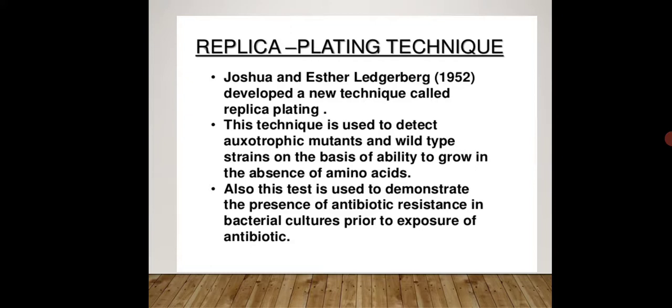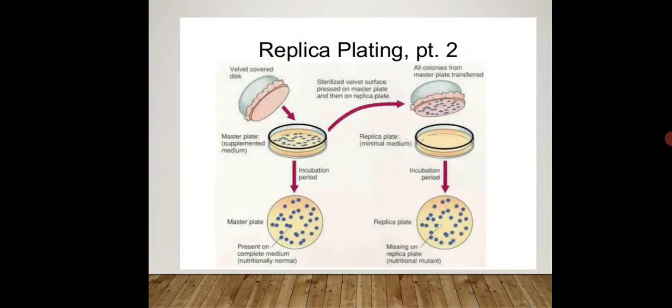The meaning of replica is duplicate. Okay, so we just mimic the colony, we just duplicate or replicate the colony, and this test is used to determine the presence of antibiotic resistance in bacterial culture prior to exposure to antibiotics. So this test is also used to determine the presence of antibiotic resistant bacteria.